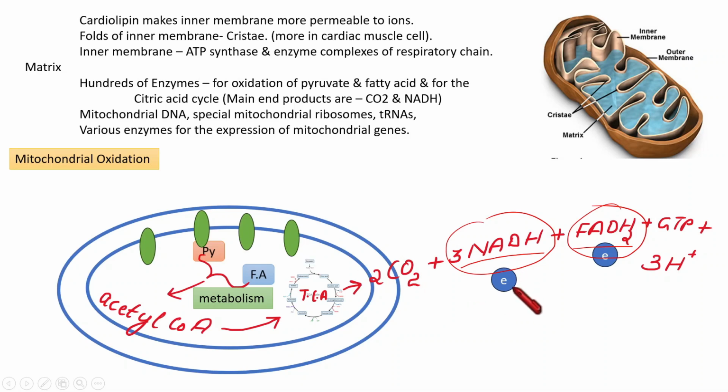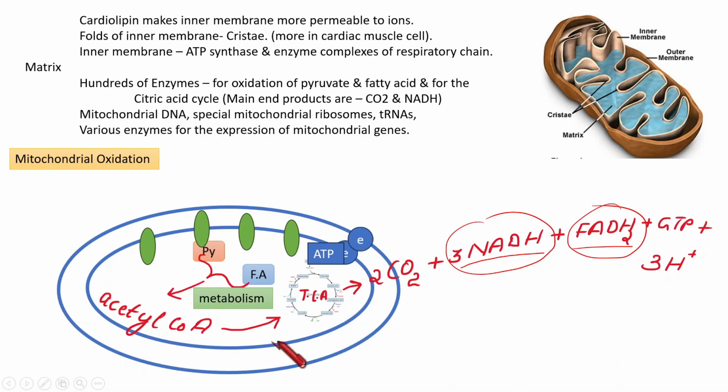These electrons store enormous energy, temporarily held by NADH and FADH2. They move through these enzyme complexes, and because of that movement, an enormous amount of energy is generated, ultimately leading to the formation of ATP. In a simple way, this is how ATP is forming.